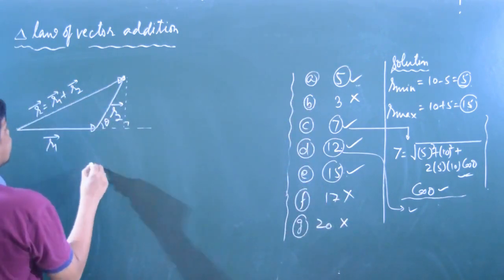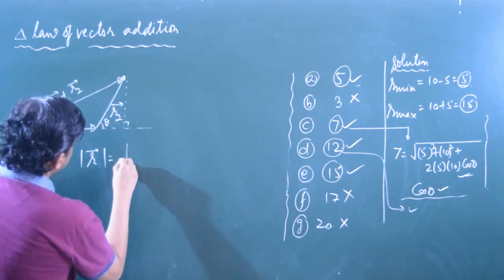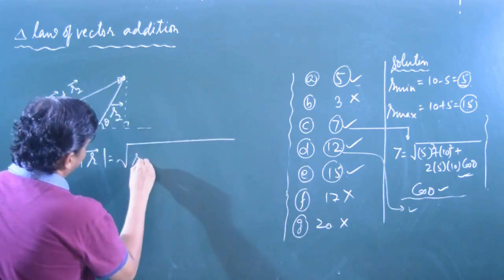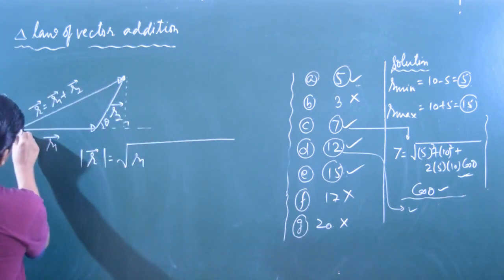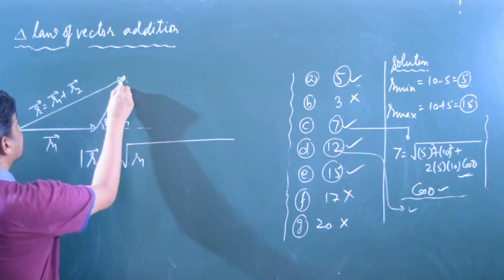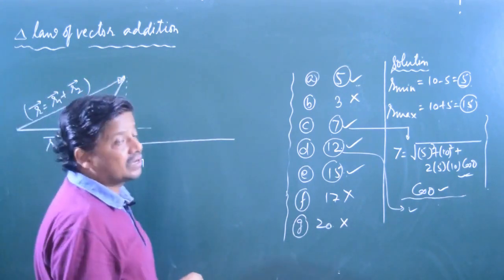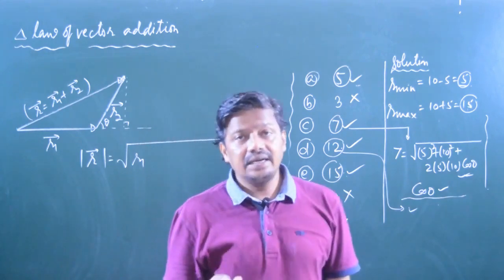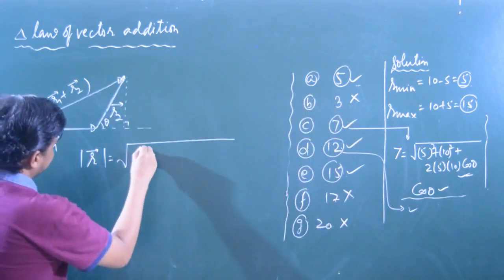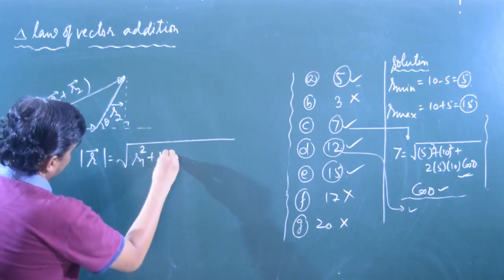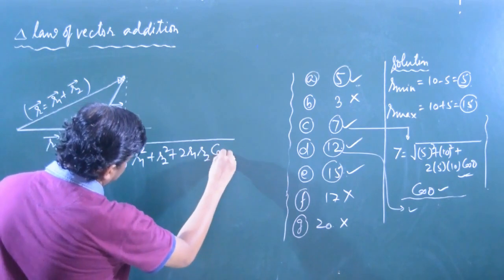So here also the magnitude of the resultant we have, the statement is different from the parallelogram. In the triangle law of vector addition, the third side of the triangle formed using the two vectors R1 and R2 is the resultant of the vectors, and in the case of the parallelogram law of vector addition, the diagonal of the parallelogram formed using the vectors is the resultant of the vectors. Here also it is R1 square plus R2 square plus 2 R1 R2 cos theta.